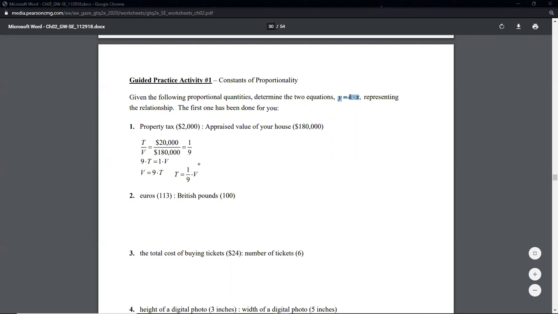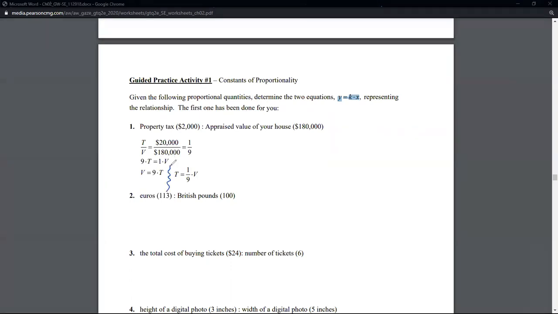So what they did is they took the 9t equals 1v. One time they solved it for the v, which is really already done. 1 times v is just v. So 9t is equal to your v. So that's one of the answers, which was this one.